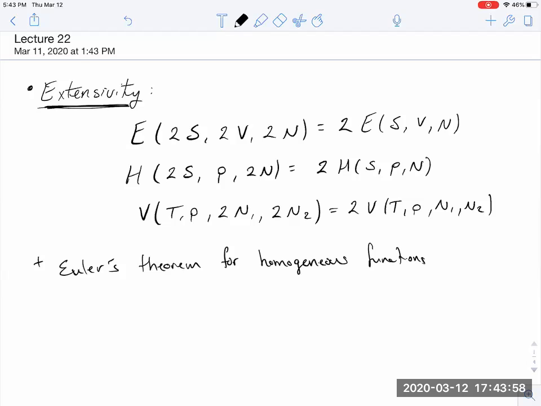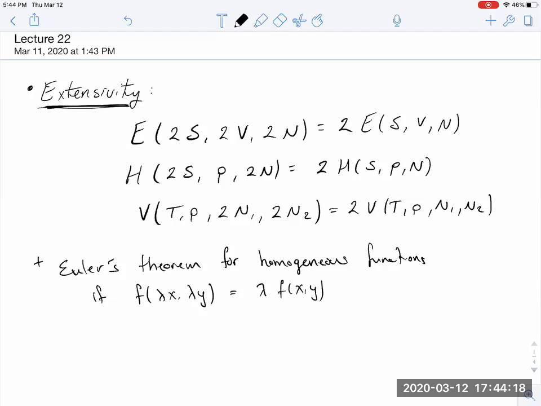Which went like this: if some function f is homogeneous in both of its arguments, x and y, such that if I scale x and y by some factor lambda, I get lambda times the function f of x, y.